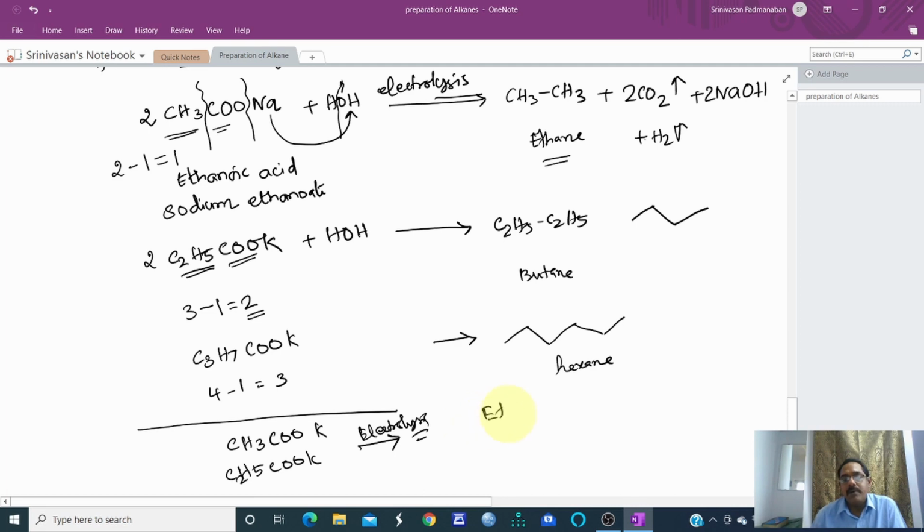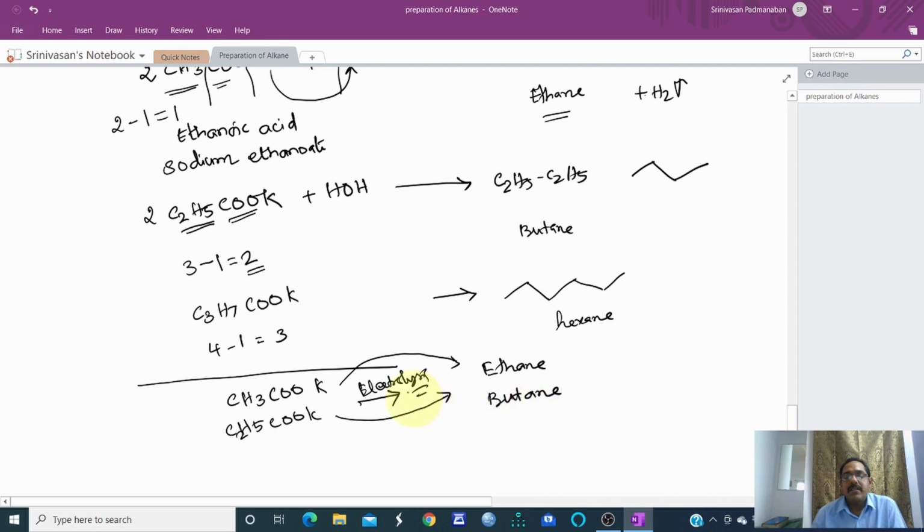The propionate with propionate: 3 carbon minus 1 is 2, plus 2, it will form butane. And the methyl adds to the ethyl, 1 plus 2, so it will form propane.